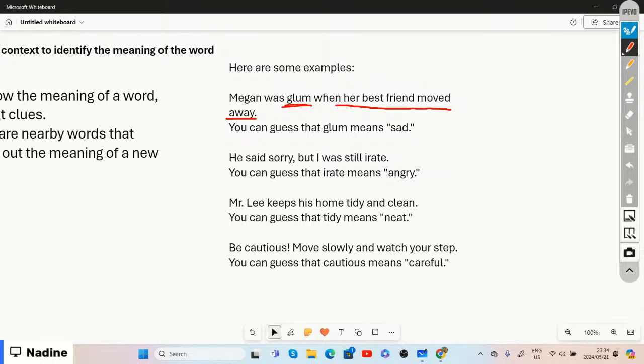We feel sad. So when a best friend moves away, this clearly means that she felt sad. So it gives us an indication that glum means sad. That is how we need to look at a specific sentence. We need to try and find the meaning within the context of the sentence.